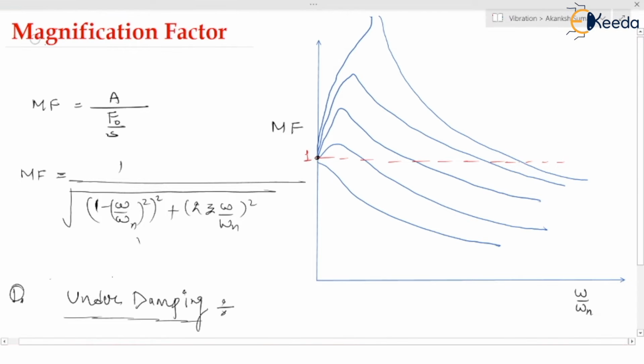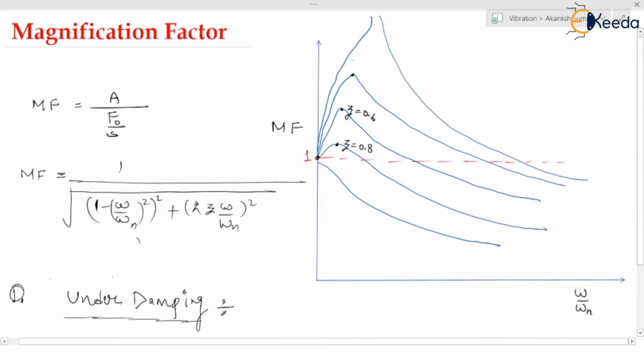When I'm talking about under damping, this is the highest point of the curve. Okay. So there is a zeta value, let me say, 0.8. There will be a zeta value 0.6.